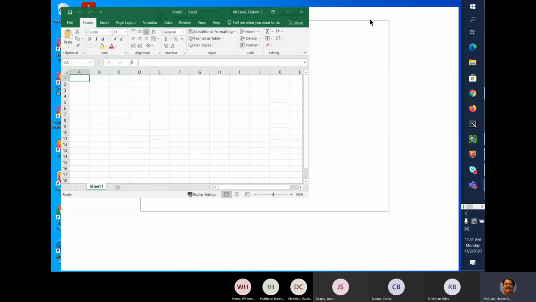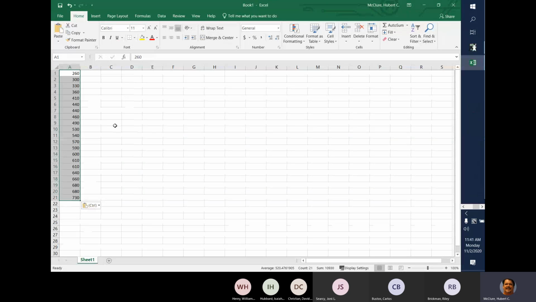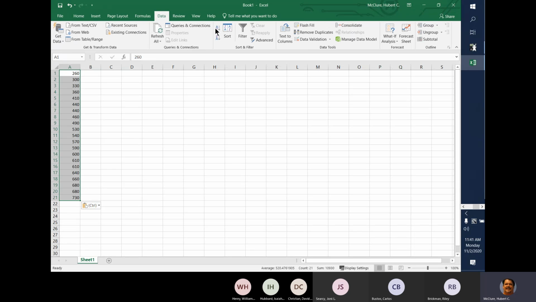All right, so I'm going to put those in. There they are. First thing you want to do is put them in order, which they should be in order. I'm just going to check right quick. Yep, they're in order.